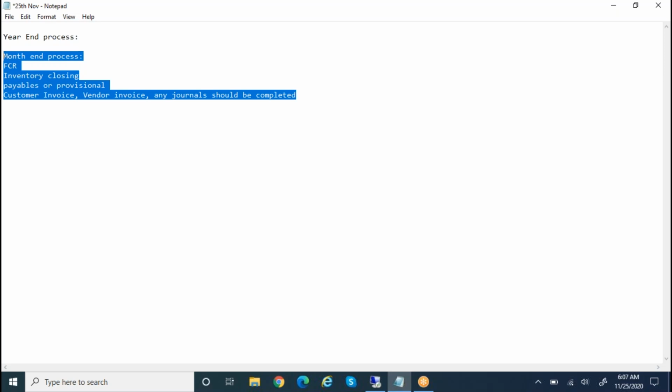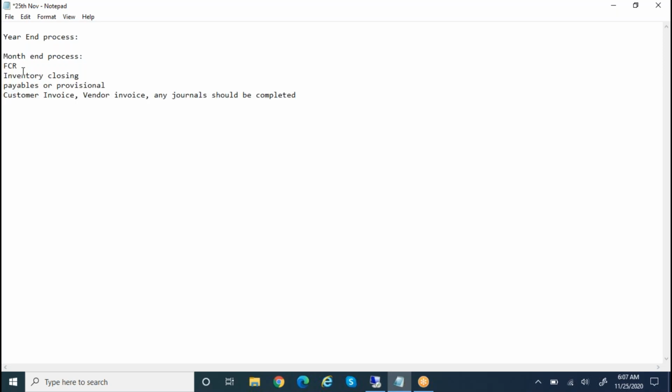These are regular statements generated by the finance department. They observe how the financial growth is going on. So before generating those financial reports, these things should be done by accountants properly.